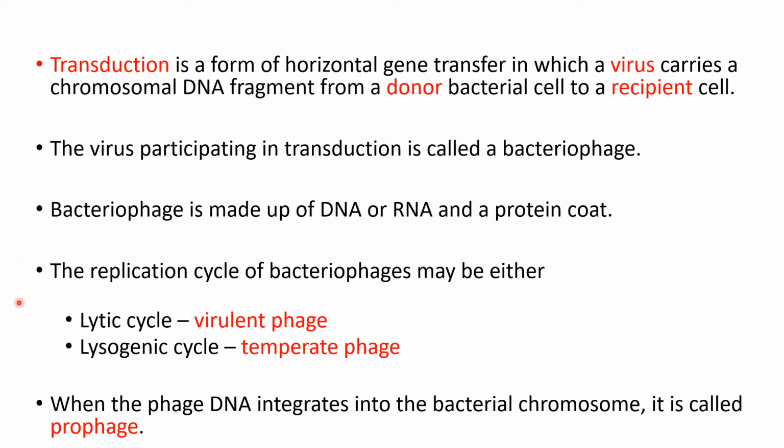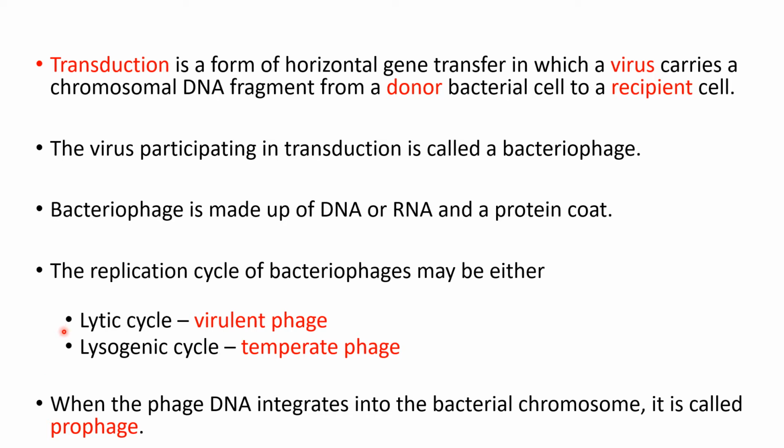Now, as you may be knowing already, the bacteriophage's replication cycle may be of two types. One is the lytic cycle, the other one is the lysogenic cycle. How these cycles happen, we will be seeing in the next slide. But before that, just know these terms now.